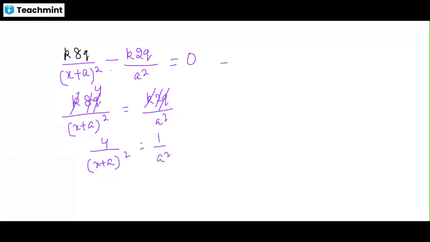Taking the square root on both sides, 2 upon x plus a equals 1 by a. On cross multiplication, x plus a reduces to 2a, and by simplifying we get a is equal to L. Make a slight correction: L is the distance, not x, it is L.